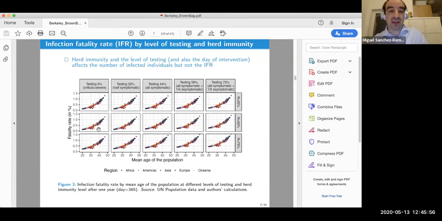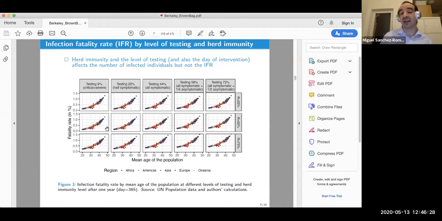So the columns correspond to the levels of testing, and the rows correspond to the different degrees of herd immunity. A herd immunity of 25% means that only 75% of the initial population can get infected, or 50%, which is this middle row, or that 75% already have herd immunity. And what we are calculating here is the infection fatality rate.